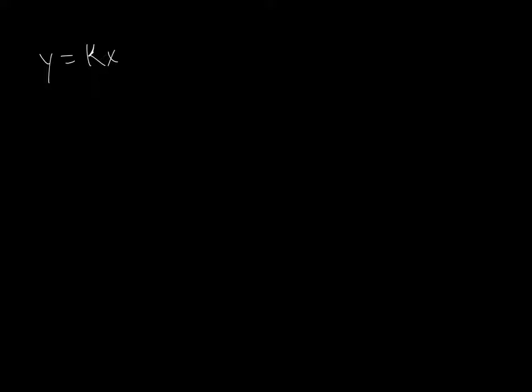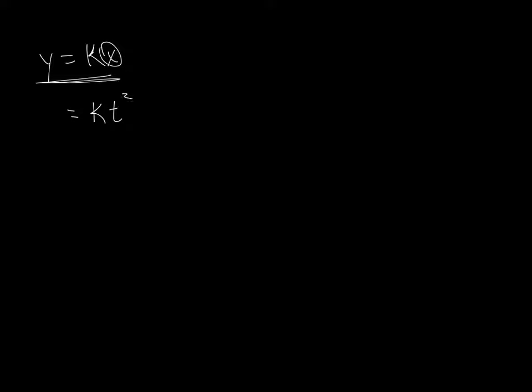All right, so let's write this equation like that, y equals kx, but they're giving us a little bit more than just y equals kx. They're saying that y is directly proportional to the square of the time. So instead of an x here, I'm going to write it as a t for time.